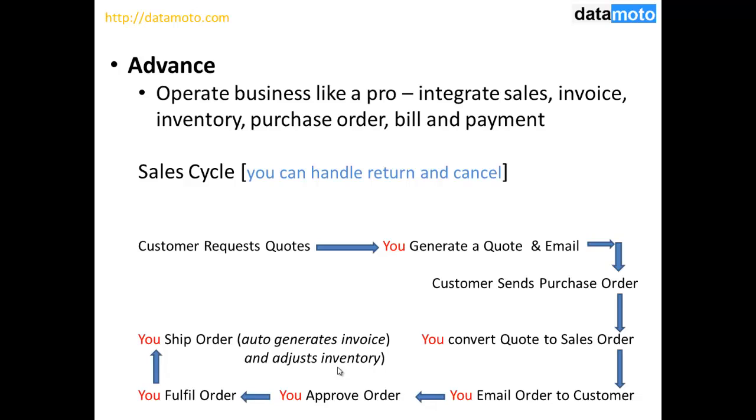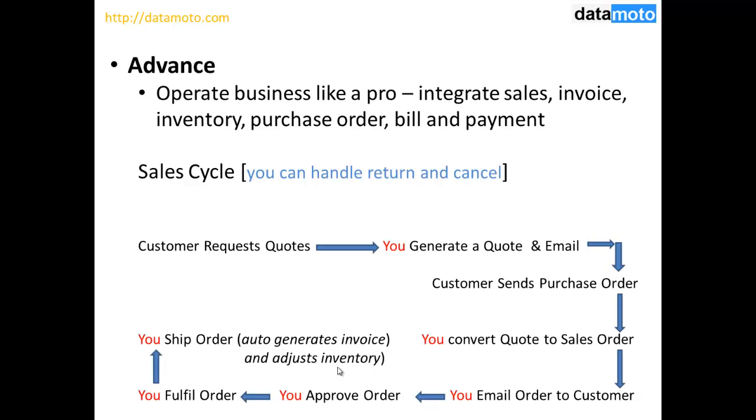So if you follow this process, you can handle returns. If the customer wants to return things, then you can simply go to your sales order and enter the items returned. It will automatically generate a new negative invoice for you to adjust your account, as well as it will add your inventory.